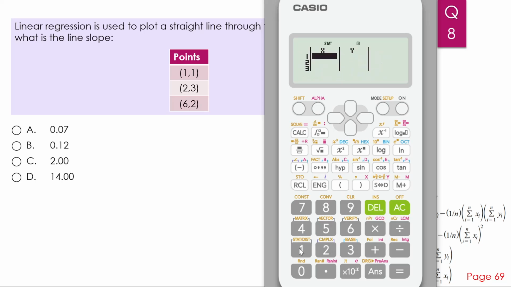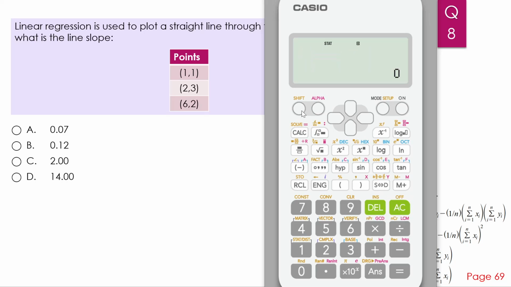So x is 1, the other x is 2, the third x is 6. You go to the other side, the first y is 1, the second y is 3, and the third y is 2. So you make sure that your points are correct. So you have 1, 2, 6, and 1, 3, and 2.